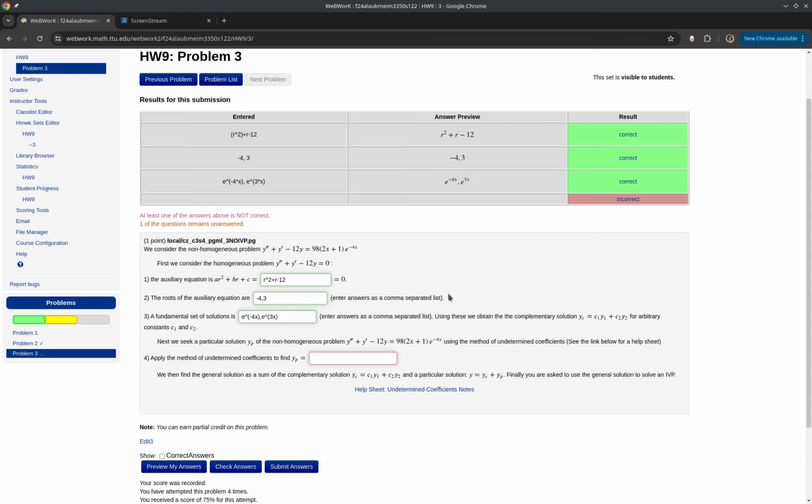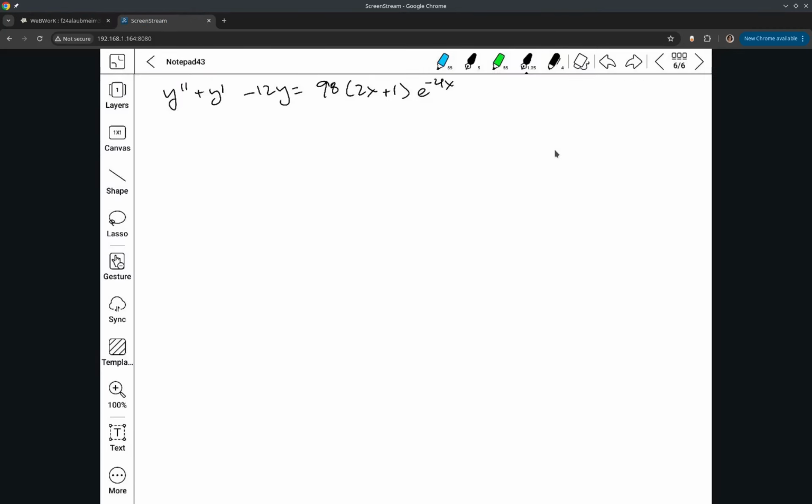So let me copy that down correctly this time. All right, so that's my function. 98 times 2x plus 1 e to minus 4x.